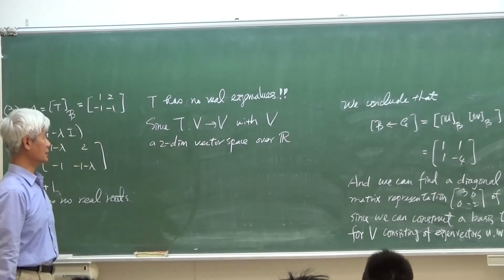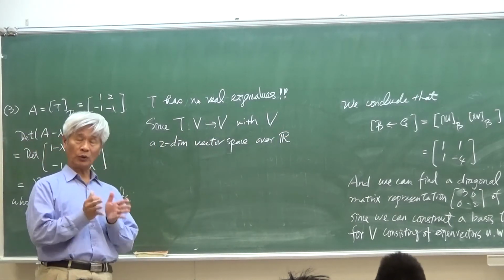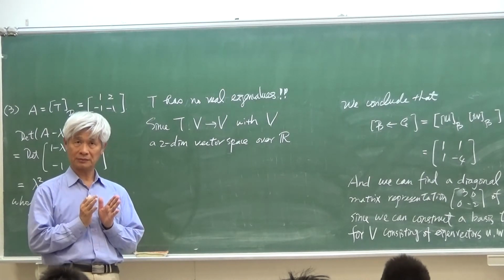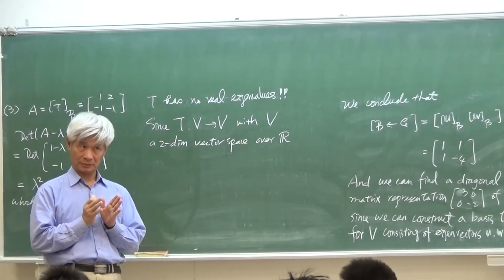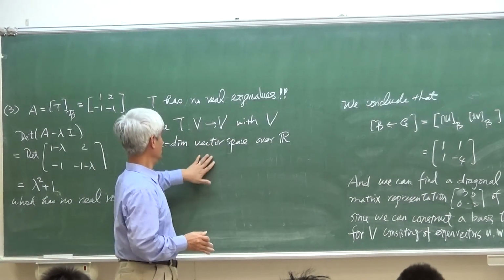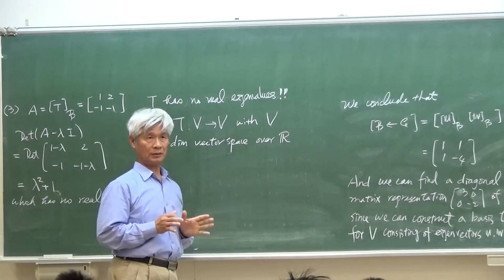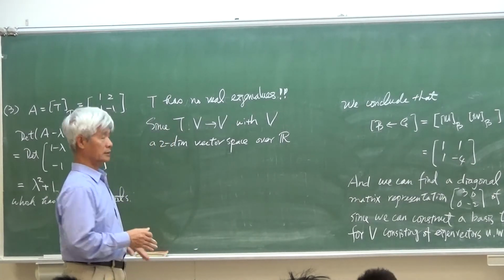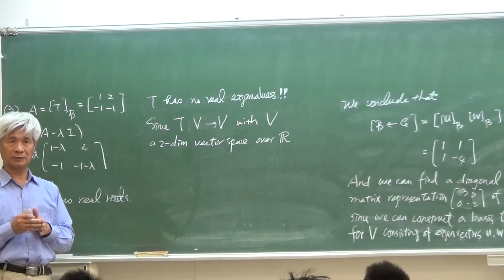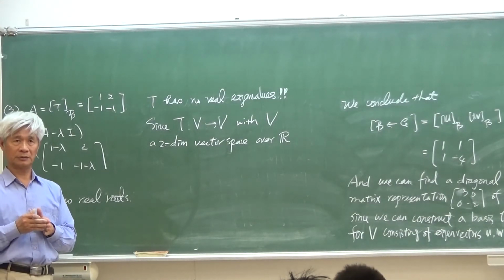Because the scalars are real, the coordinate vector should be a real vector. Because the vector space we consider is a vector space over R, right? So the coordinate vector should be a real vector. Alright?